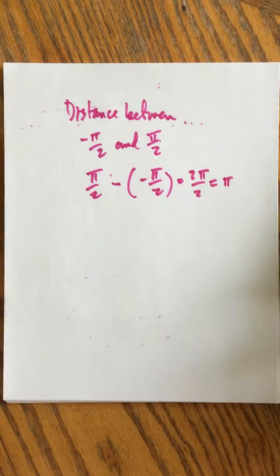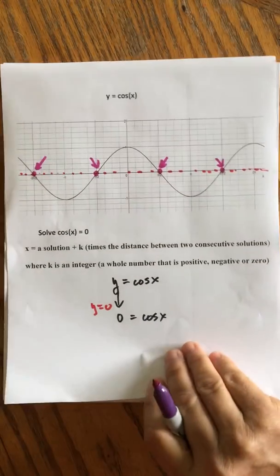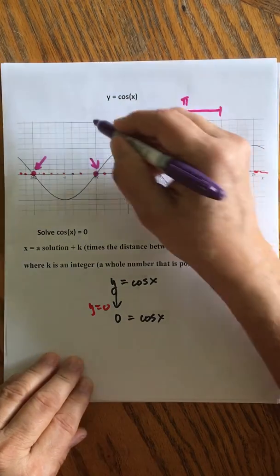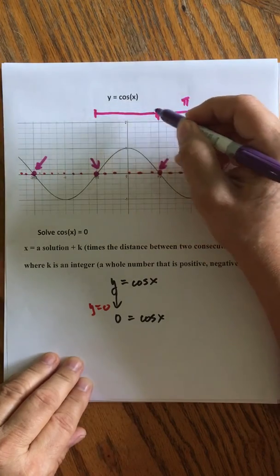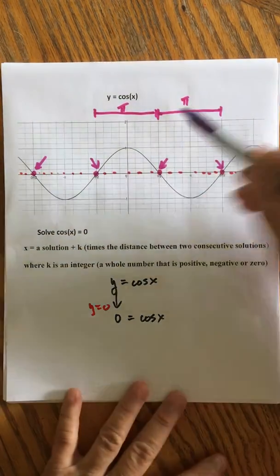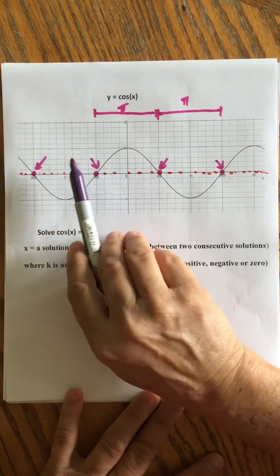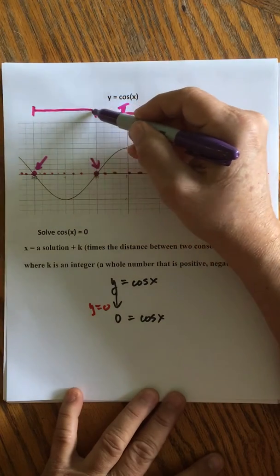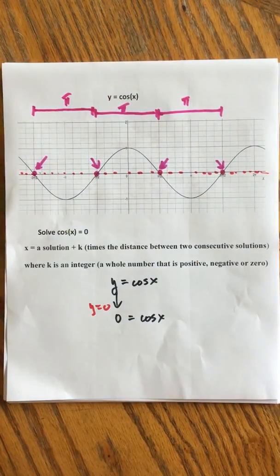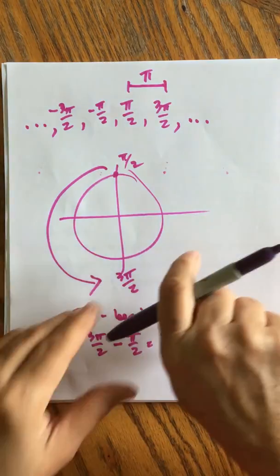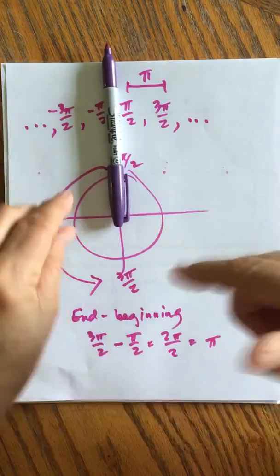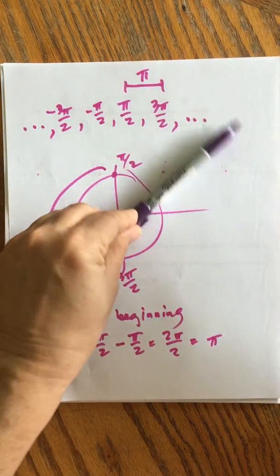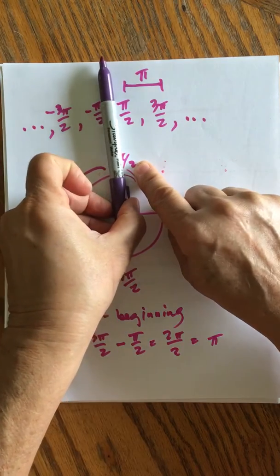So the distance here was pi, and here also it's pi. If you look at the distance between negative 3 pi over 2 and negative pi over 2, you're also going to get pi, of course. So every time you start on a solution and rotate pi, you land on another solution. Now that I'm on 3 pi over 2, when I rotate pi, I'll be at 5 pi over 2, another solution.